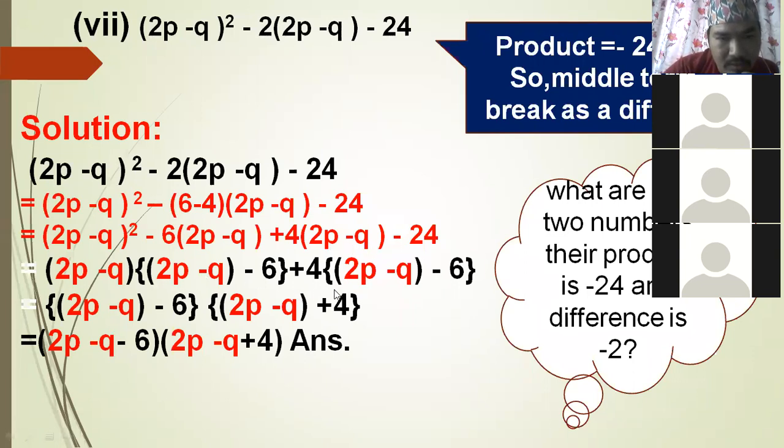Look, both the remaining are same, and that same one we have to take common now. 2p minus q minus 6 is common. What is remaining in the bracket? 2p minus q plus 4, okay? There is no minus 6, there is plus 4. And now remove the bracket. 2p minus q minus 6 is one factor, and the other factor is 2p minus q plus 4.